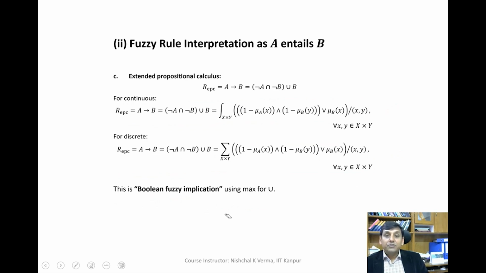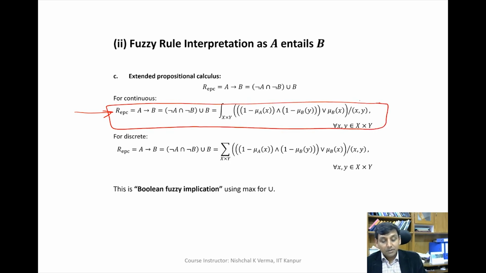Now the third one, that is extended propositional calculus. So here we have R_EPC, and R_EPC, A entails B, is equal to the union of negation of A intersection negation of B and B. So when we apply this for continuous fuzzy sets A and B, the relation fuzzy set for extended propositional calculus, R_EPC, is found by this expression for continuous fuzzy sets.